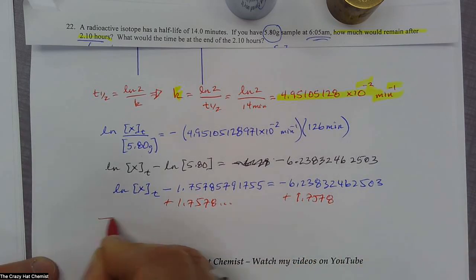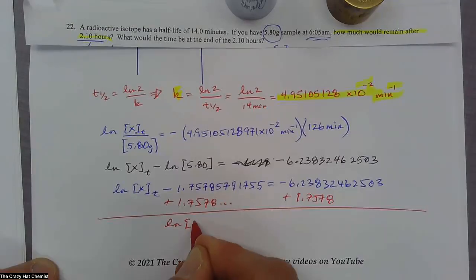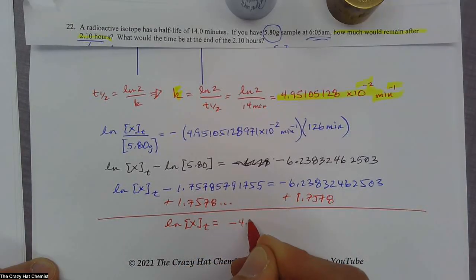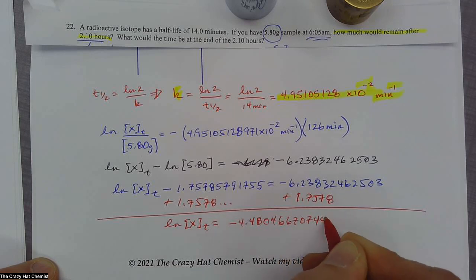1.7578 to both sides. Draw a line in the sand. I get ln x of t is equal to negative 4.4... 4667078.